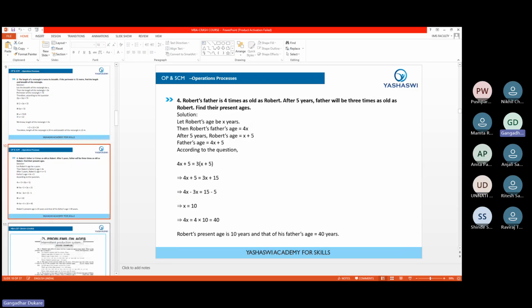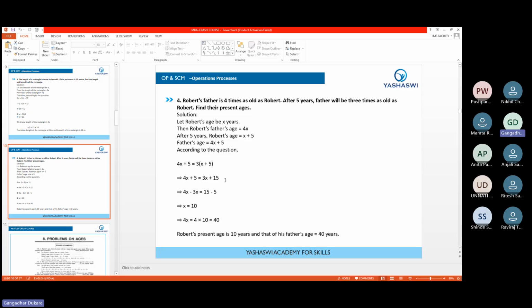Let's take the fourth example and review how you are going to solve it. Robert's father is 4 times as old as Robert. In that you need to calculate the numbers or prepare the equation form. You need to take some time to understand how to write the equation.